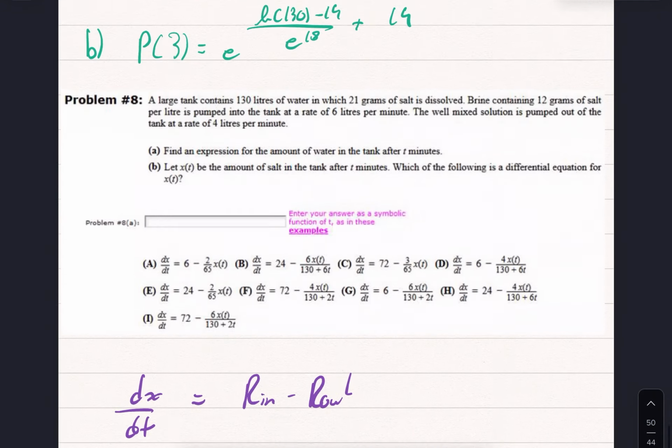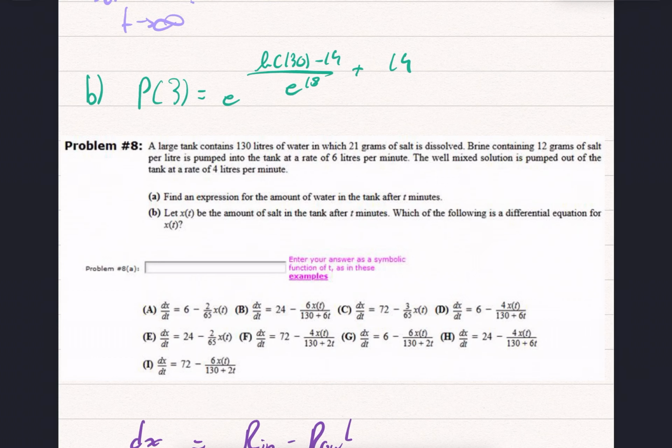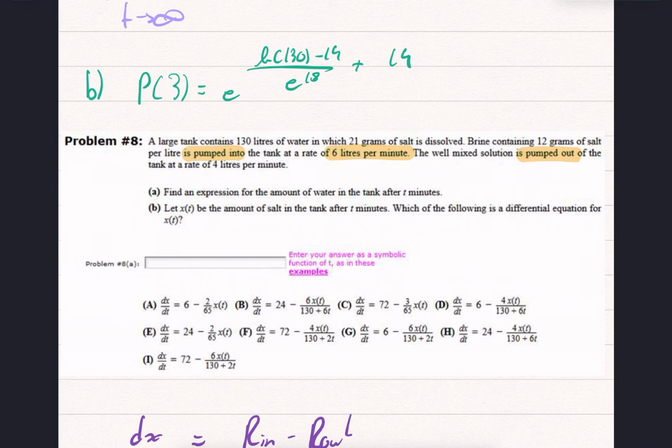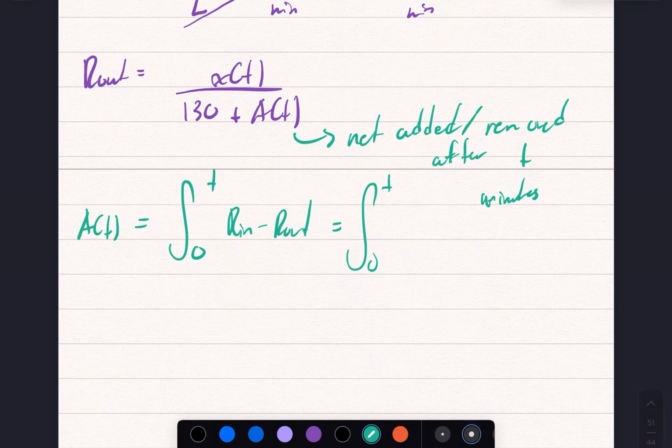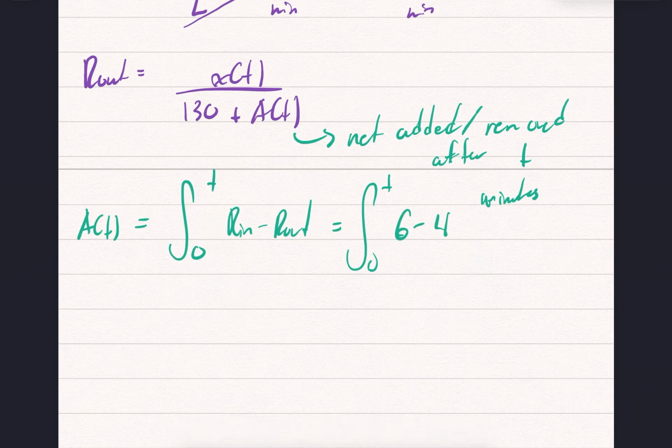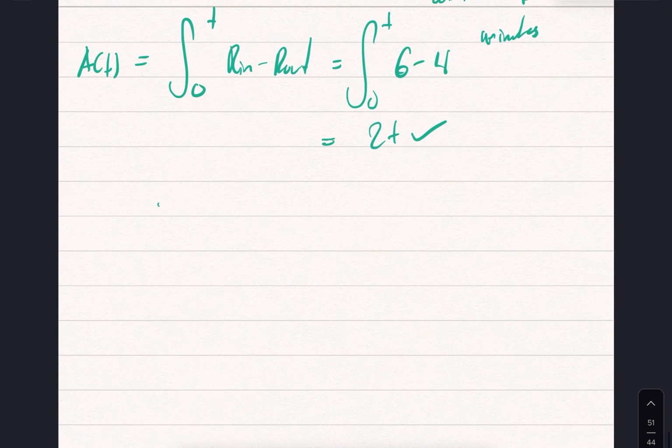In our question, we have 6 liters per minute pumped in, 4 liters per minute pumped out. 6 minus 4, 2t. Okay.